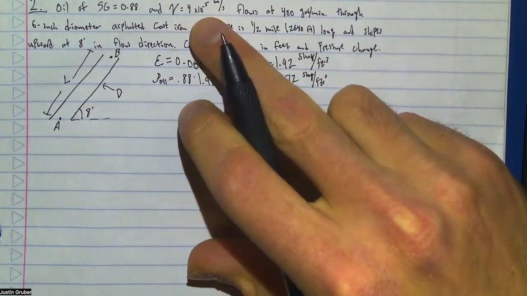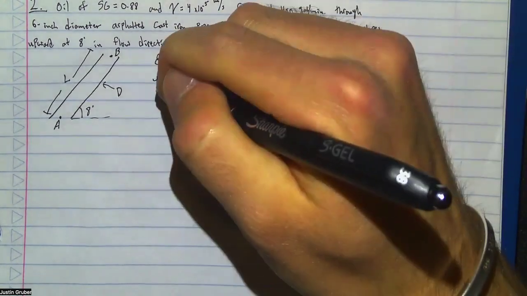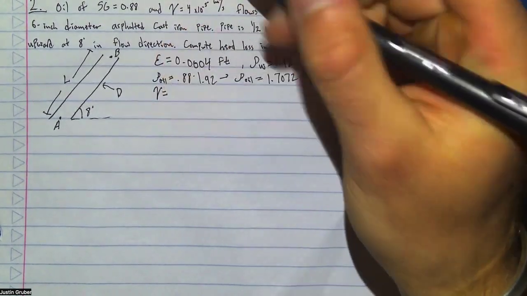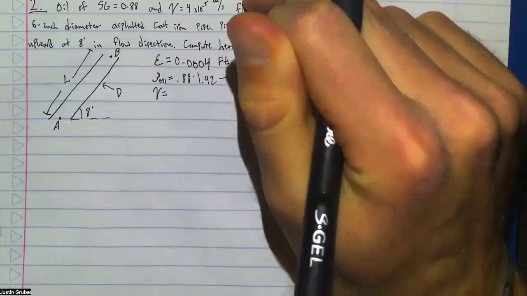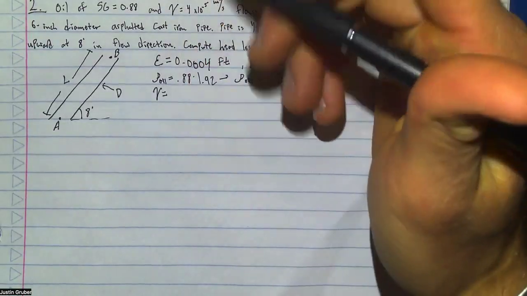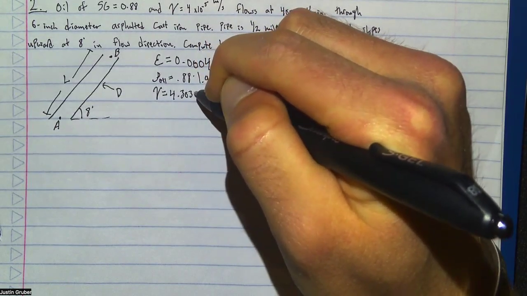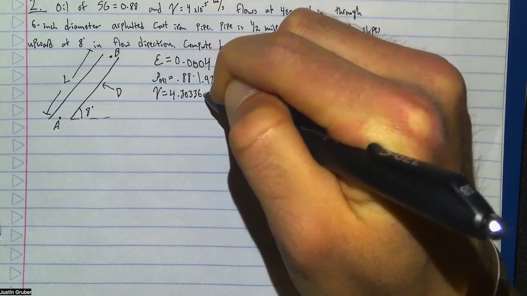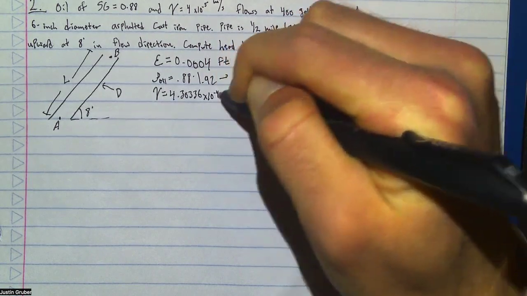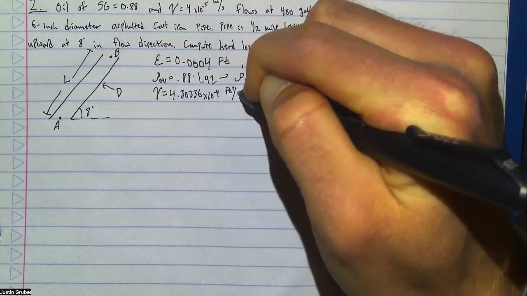Let's also get rid of this square meters per second and convert square meters to square feet. We got 4.303336 times 10 to the negative 4 square feet per second.